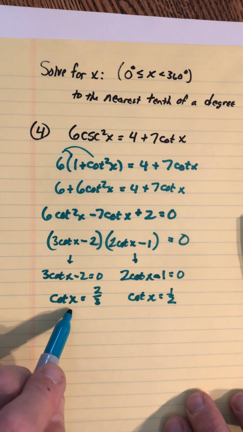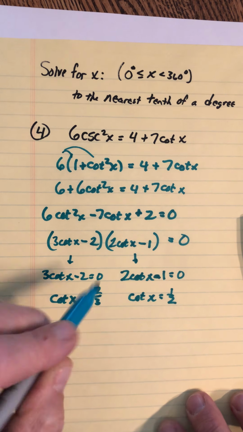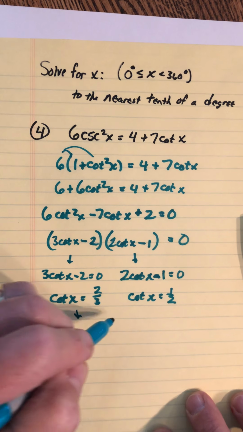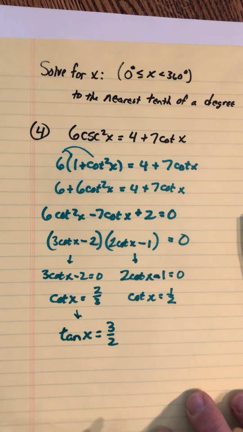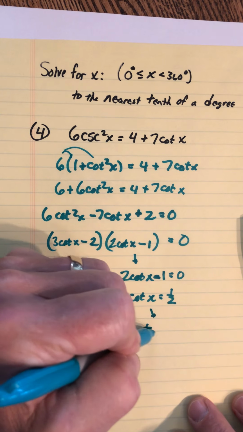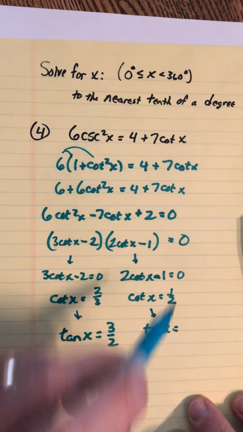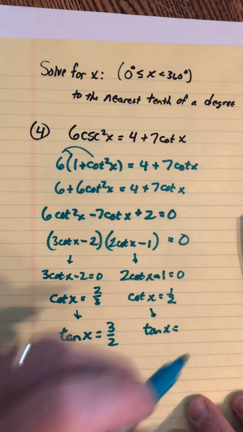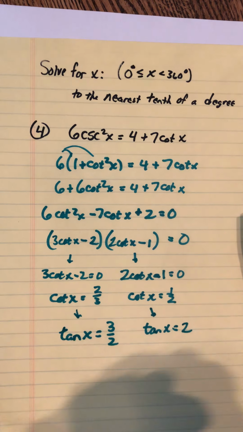So if the cotangent of x is 2/3, that means that the tangent of that same angle is the reciprocal of 2/3, or 3/2. Change this into tangent. If the cotangent of some angle is 1/2, the tangent of the same angle is the reciprocal of that. That's 2. And now we're in business.